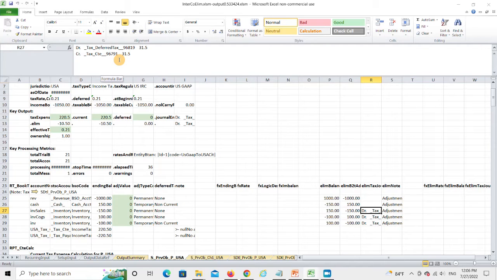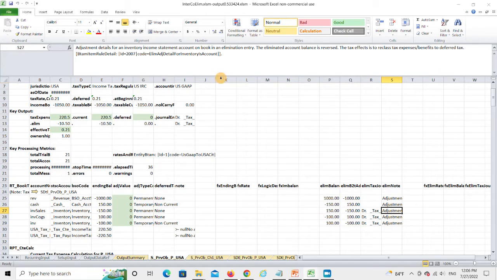It had a tax expense of 150 that would be moved out, and it moves around. For each account, there are specific rules that determine the book tax adjustments as well as tax effects. And the total is the contribution of the elimination of the P entity to the consolidated book.